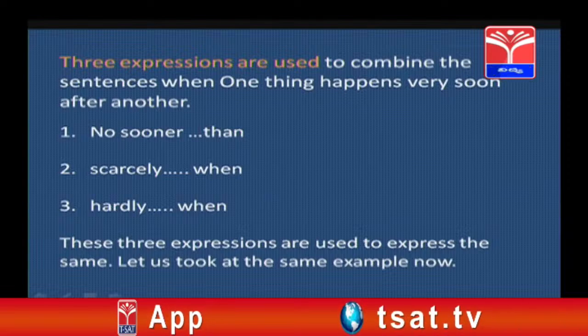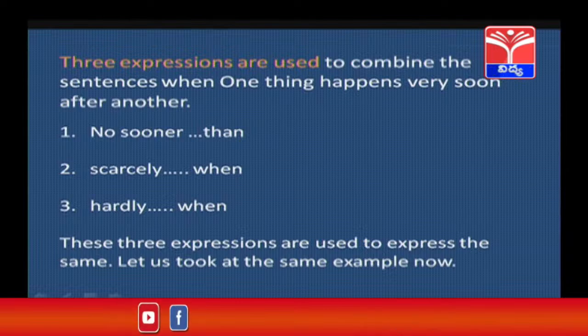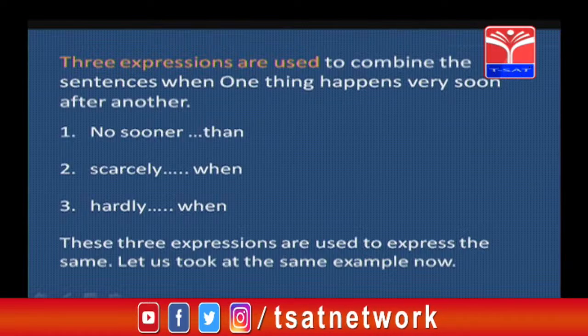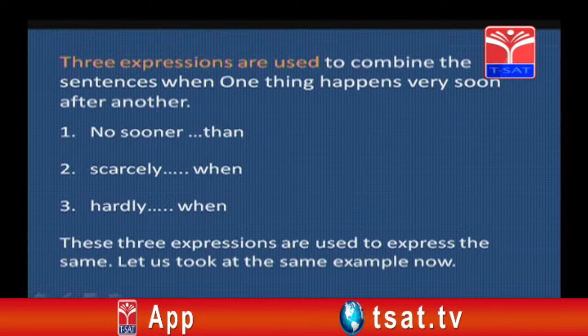Three expressions are used to combine the sentences when one thing happens very soon after another. 1. No sooner than. 2. Scarcely when. 3. Hardly when. These three expressions are used to express the same.